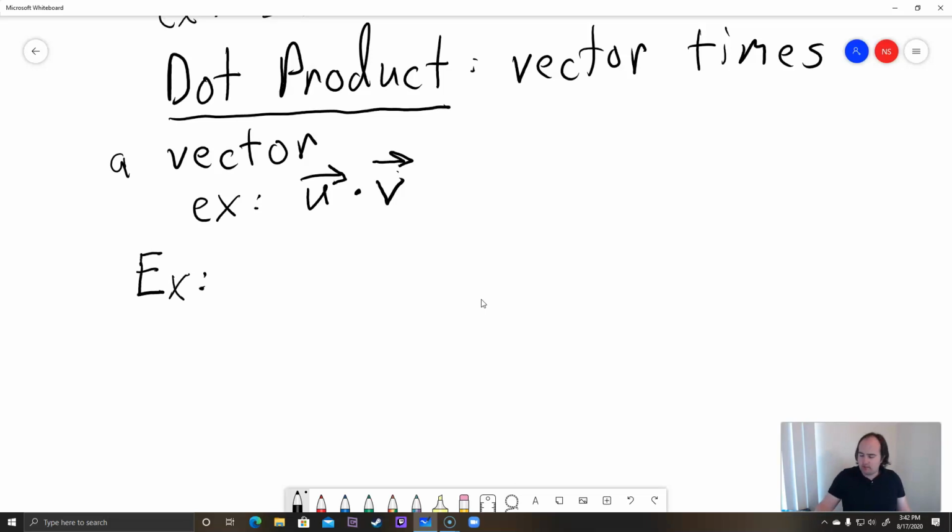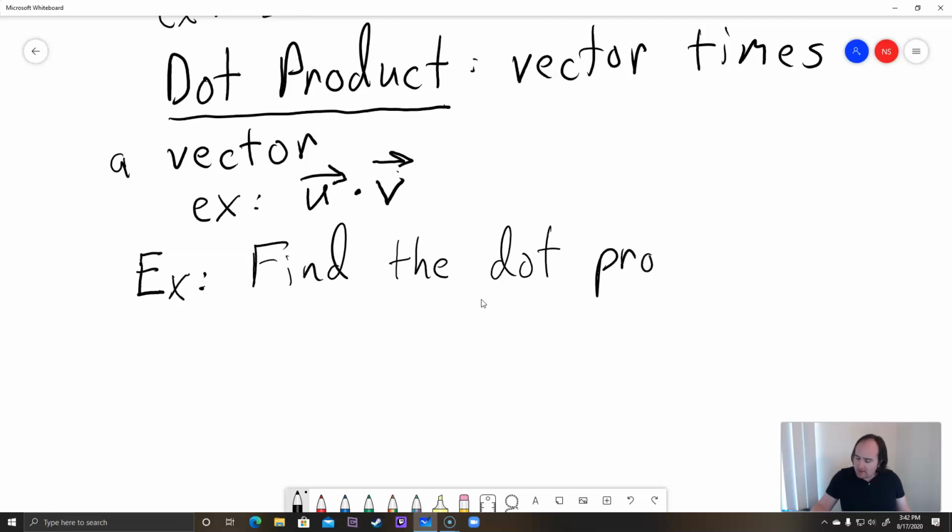Okay, so example. Find the dot product u dot v. People like to say u dot v or the dot product of u and v.